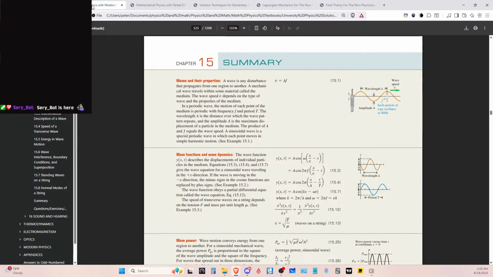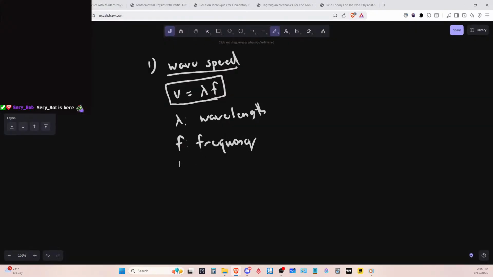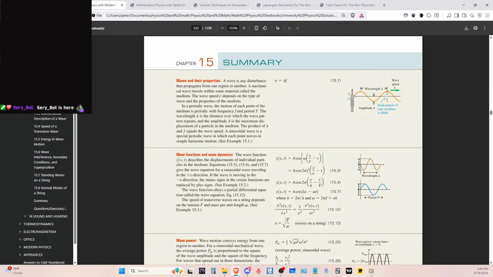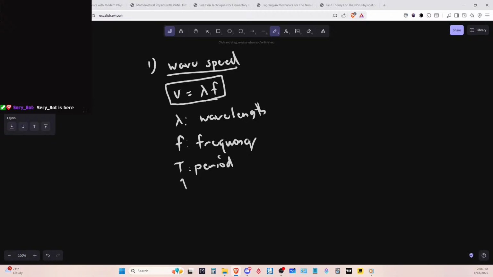Okay, and we also have something called the period. I think we should write that down too, because that might be important. The period. The wavelength is the distance over which the wave pattern repeats. The amplitude A, okay, we'll write that down too.